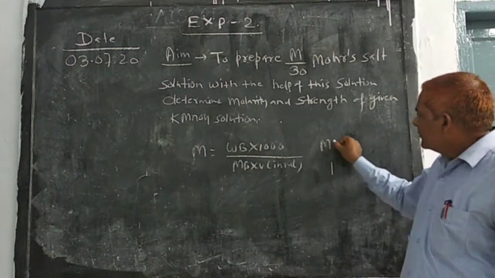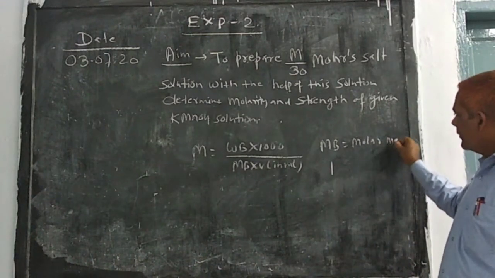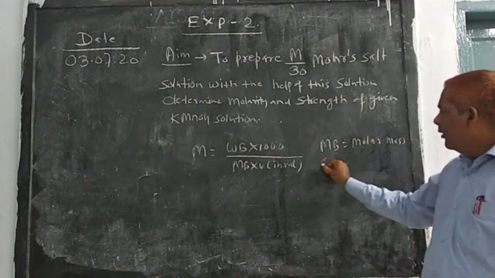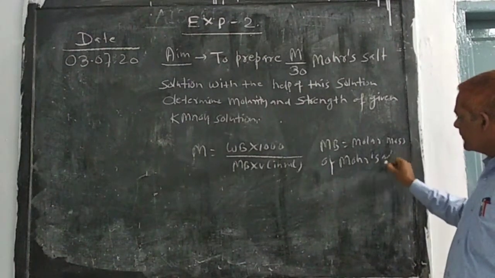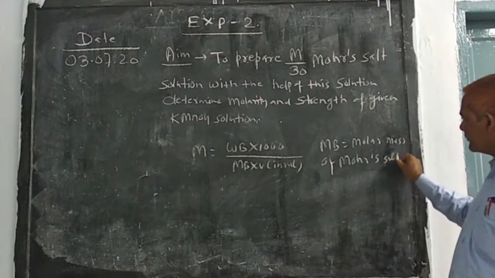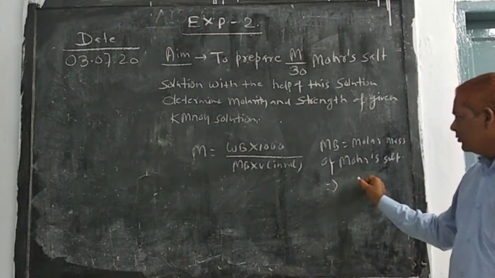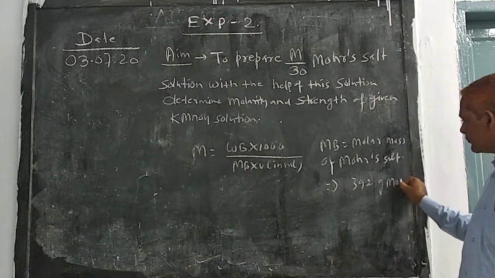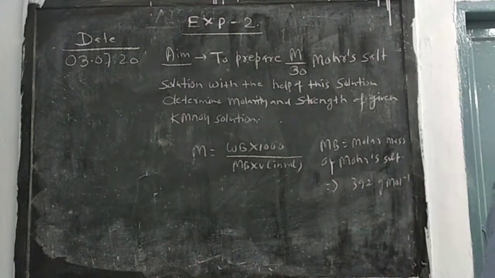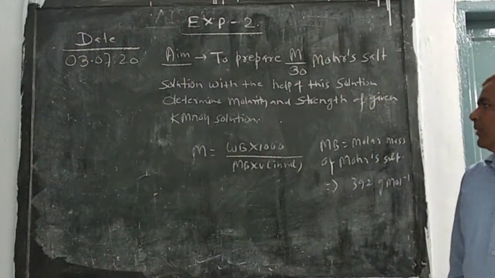Mb equals the molar mass of Mohr salt, calculated on that day, 392 gram per mole. The value of M is already given in the experiment, 1 by 30.